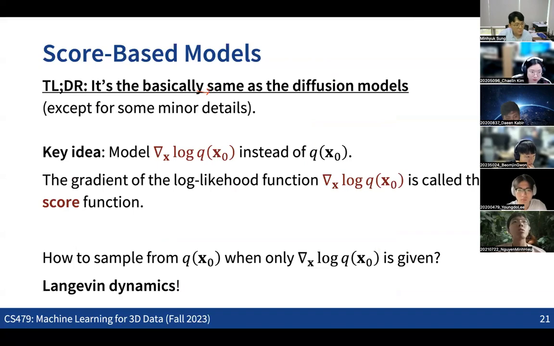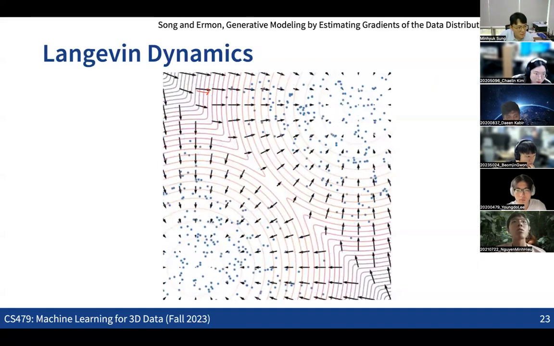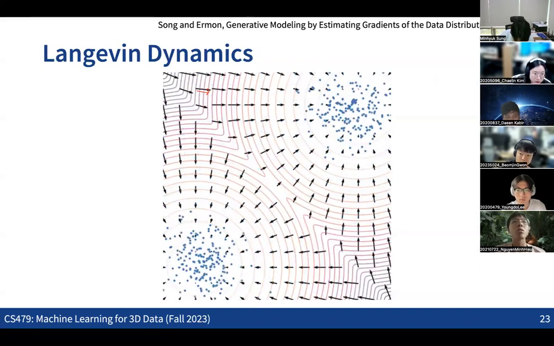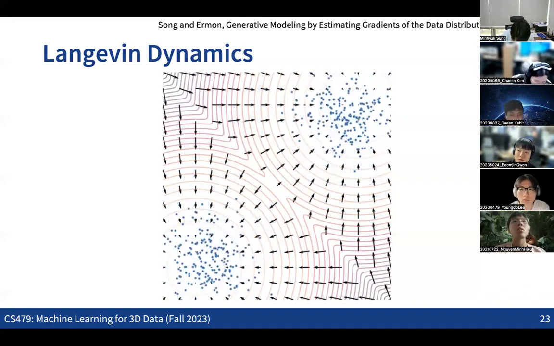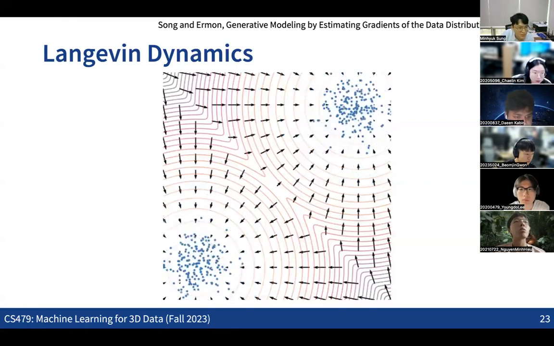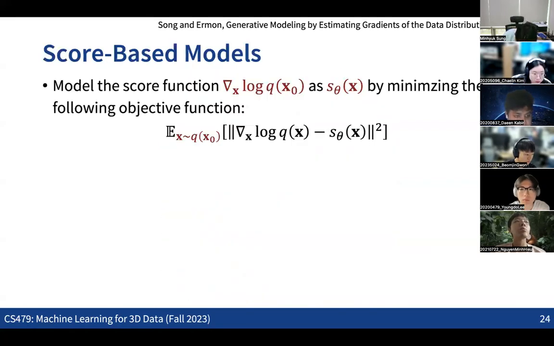So the problem here is that we need to have this score information for all the places over the 2D space. Now we are sampling from the data distribution, right?